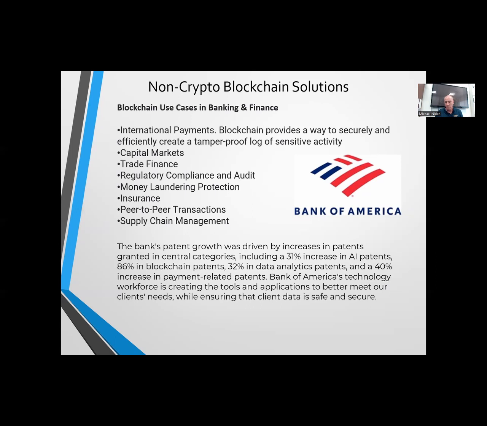So one of the things I like to make sure of, I use Bank of America a lot for this seminar. They're one of the largest acquirers of blockchain intellectual property. A lot of times when something in blockchain is created new or is invented, Bank of America will acquire the patents for that.